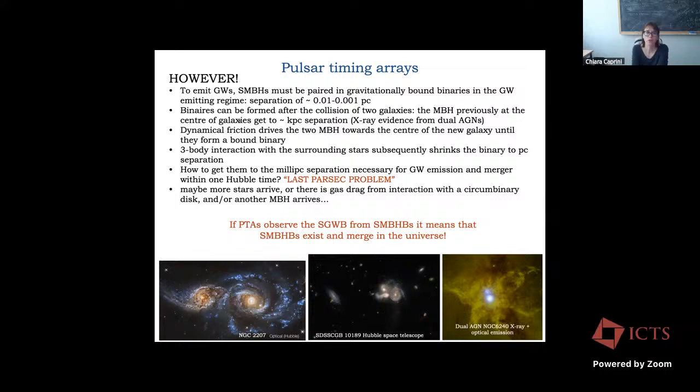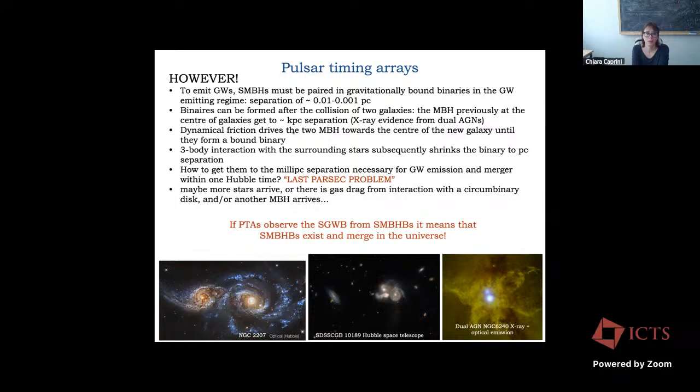So we observe the collision of galaxies, and we observe massive black holes at the order of kiloparsec separation. These are called dual AGNs. So we know that they arrive close, but not to the particular distance that is what we need.